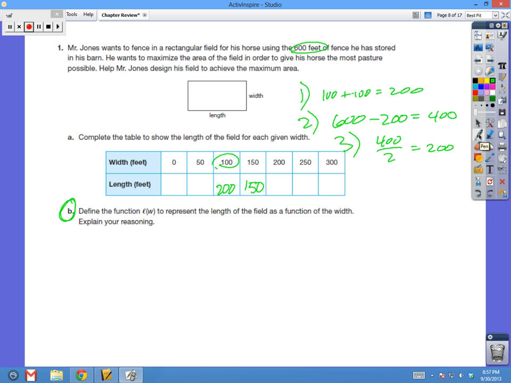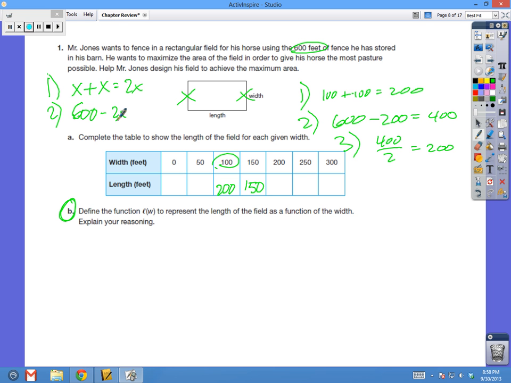So what if your width is x? Just follow these 3 steps right here. Step number 1, let's do x times 2, or x plus x, and we're going to total 2x. Step number 2, just like we did with the numbers, let's do 600 minus 2x, and that's as far as you can go.